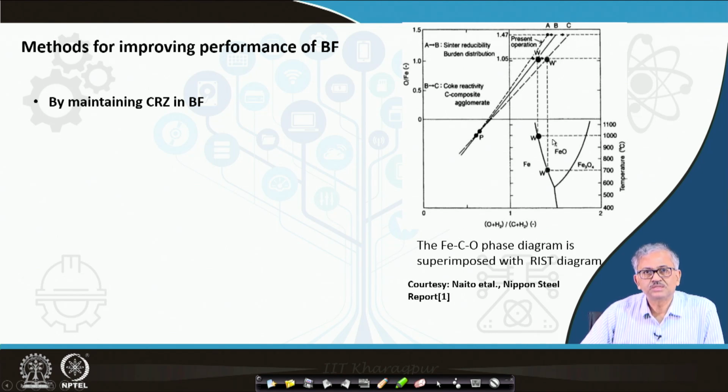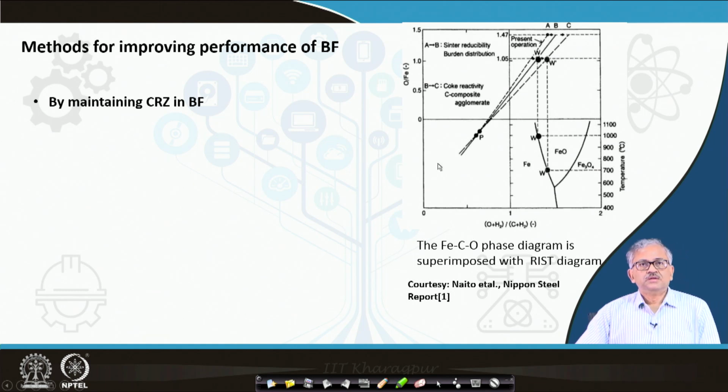So from there we know, at a particular temperature, what the equilibrium gas composition is for the wustite-iron equilibrium. So this line, 1000 degrees centigrade, is this point, and this point corresponds to this point in the Rist diagram. That is the equilibrium composition.